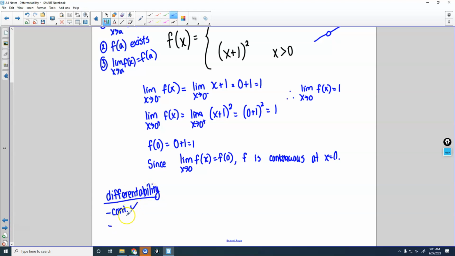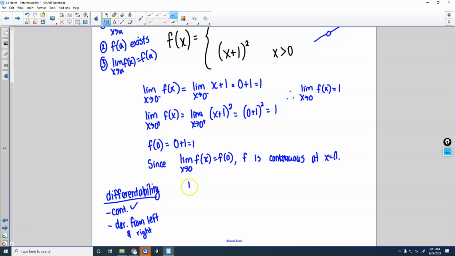And then we've got to do the derivative from left and right. And for this case, we are going to have to do the limit definition of a derivative.